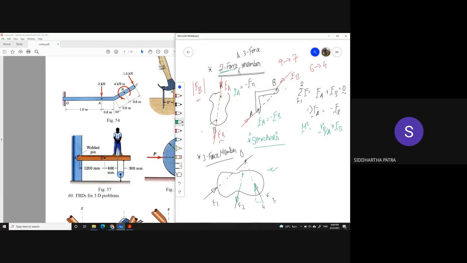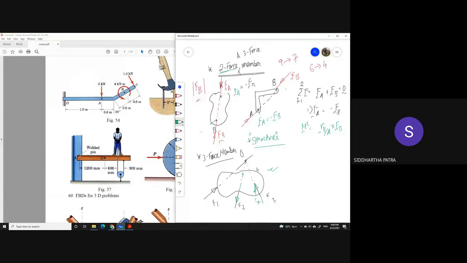Let's say F3 is your reaction, and F1 and F2 are external forces. So F3 is what you are trying to determine. In this case you have determined the ratio of the two components, but not the magnitude of F3. That you can only get after solving the problem.